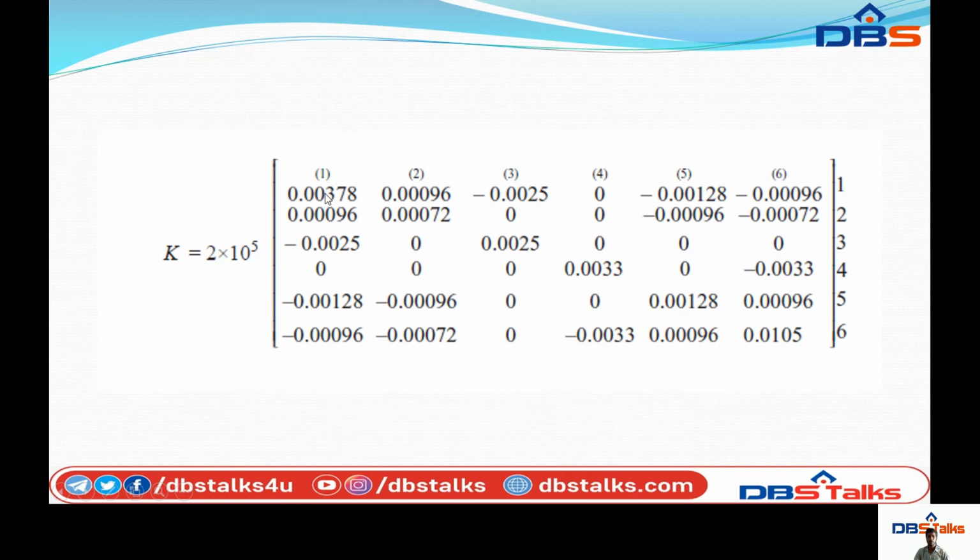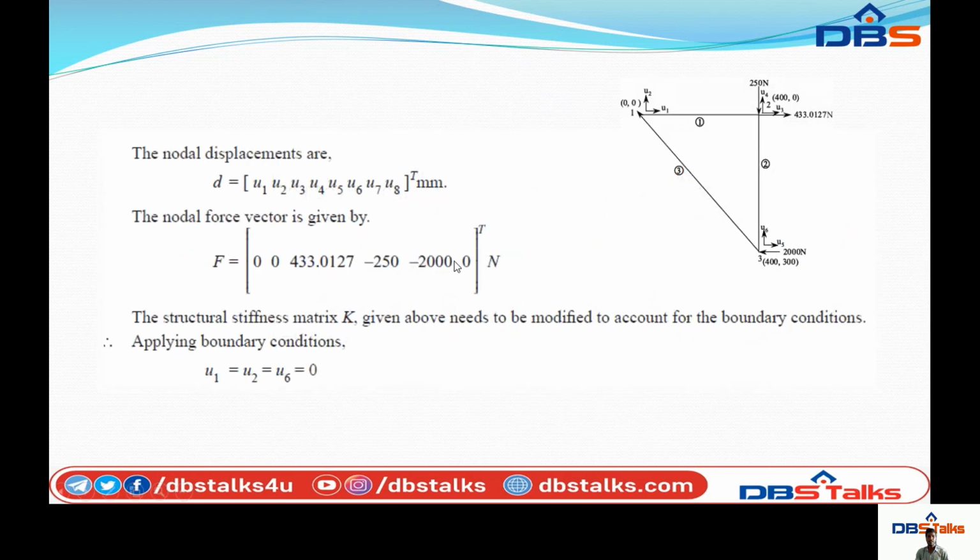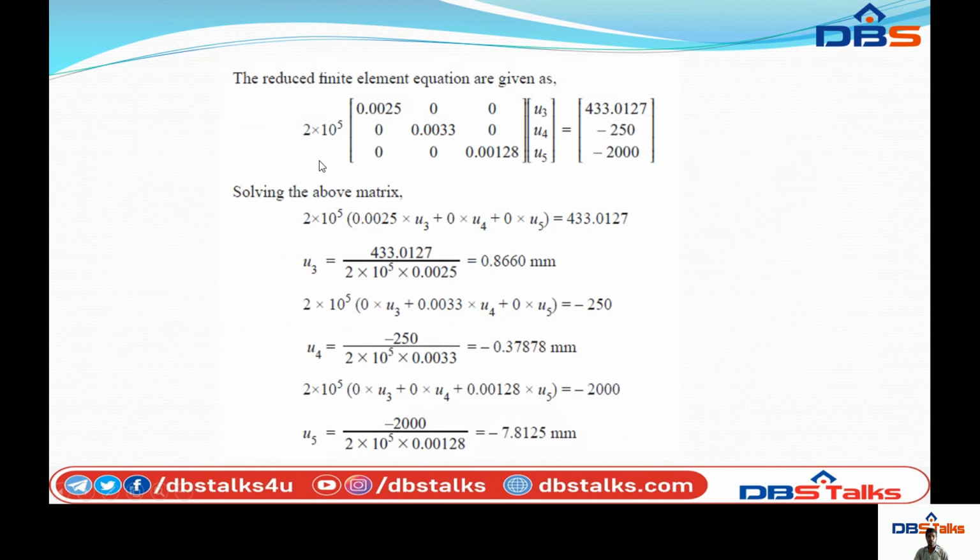By taking the elimination approach, the U1, U2 and U6 columns and corresponding rows are cancelled. The remaining values are 2 into 10 to the power of 5, 0.0025, 0.0003330, 0.00128, for U3, U4, U5. Why?